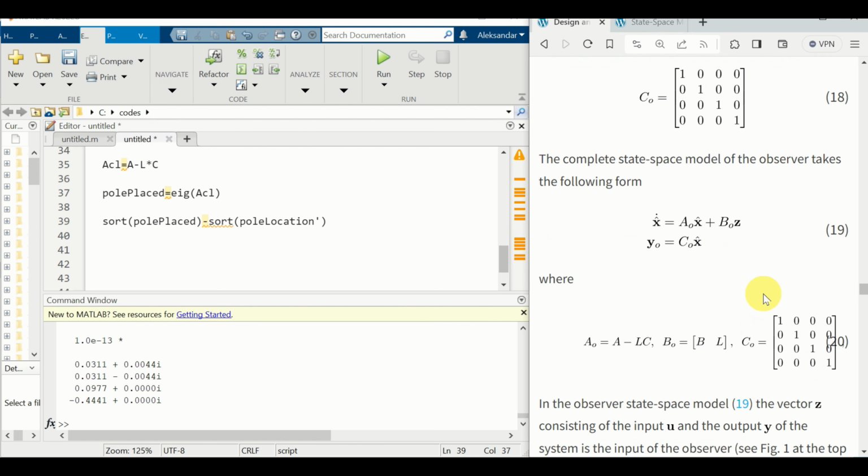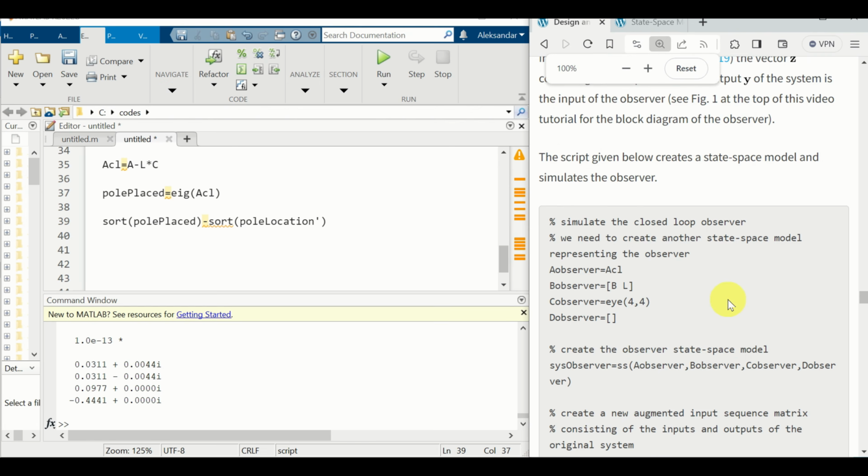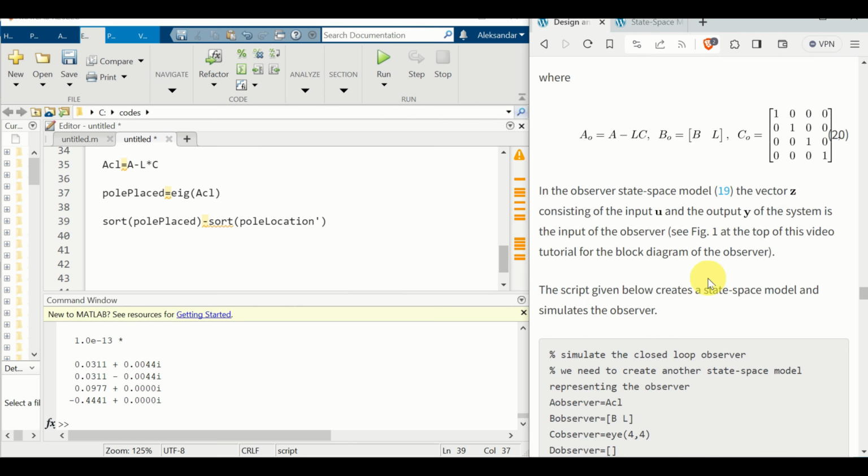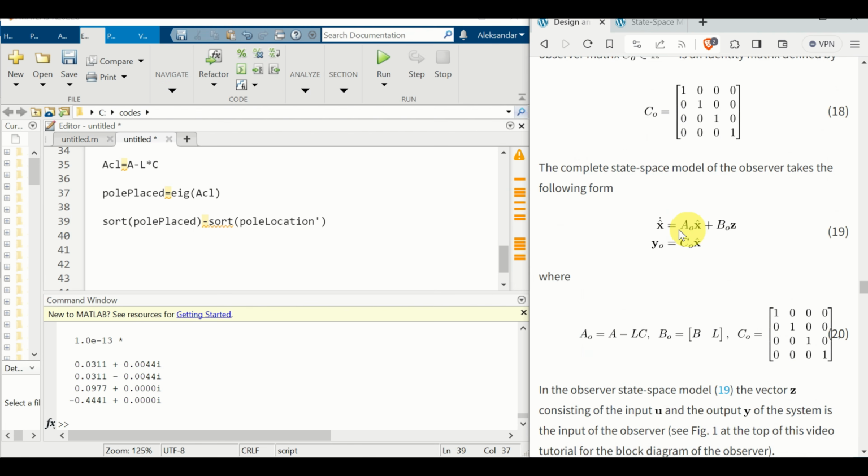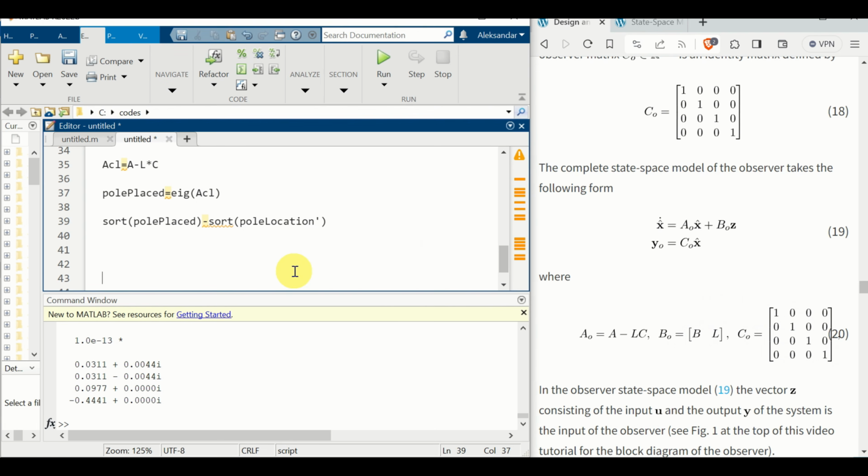Consequently, our observer state space model at the end of the day looks like this. A0 is our closed loop matrix, B0 is this block matrix with the blocks B and L, and C0 is the identity matrix. So let's simulate this observer in MATLAB.